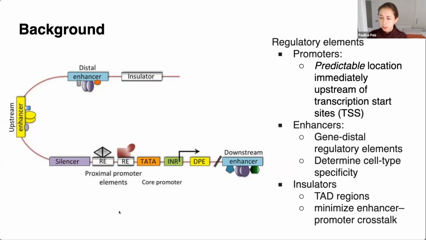They also help to determine cell type specificity, so they're of interest for people studying developmental biology. And the third type of regulatory elements relevant for this paper are insulators, specifically topologically associated domain regions, which help to minimize enhancer-promoter crosstalk. Usually they can help upregulate or downregulate how a gene is being expressed.